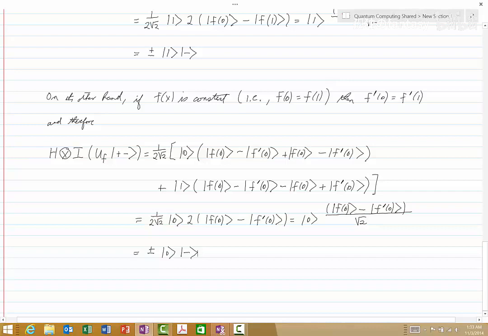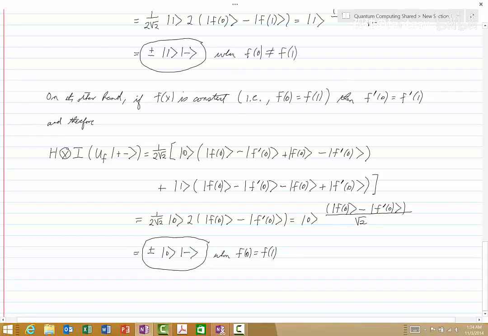But this is the final answer in the case when f of 0 is equal to f of 1, and here is our result when f of 0 is not equal to f of 1.